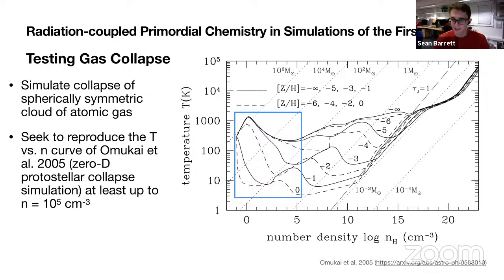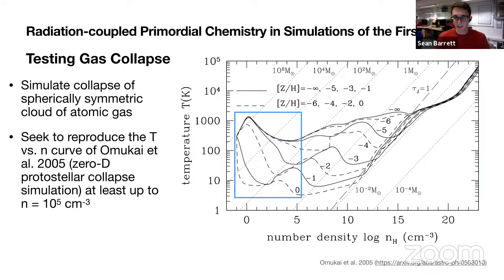So the density goes as a power law, and they simulate how the chemistry evolves as the collapse happens. And they plot the temperature versus the density here on this figure for various metallicities. I'm only interested in the zero metallicity case, which is the solid line at the top, and only down to densities of about 10^5, because I won't resolve any higher in my simulations.